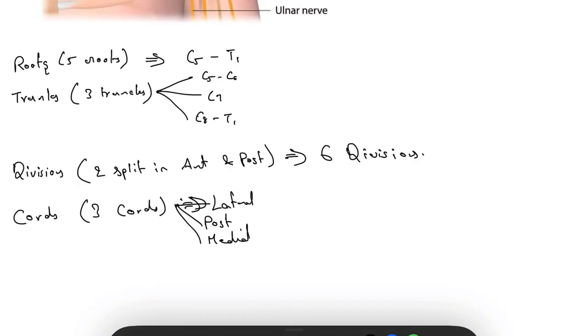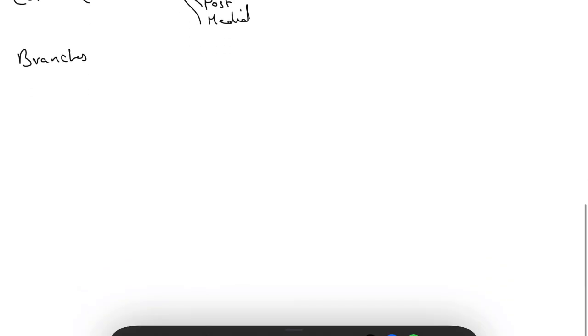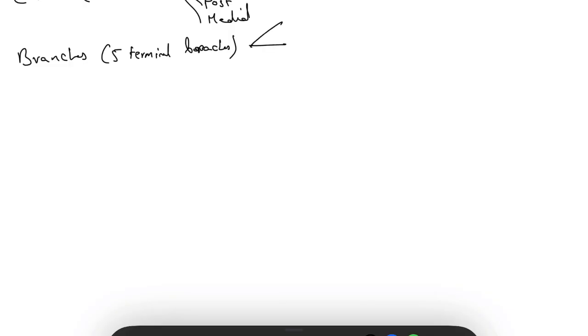Next, after these we see the branches. How many branches? Total 5 terminal branches. These are the main nerves, the final branches: axillary nerve, musculocutaneous nerve, radial nerve, median nerve, ulnar nerve.